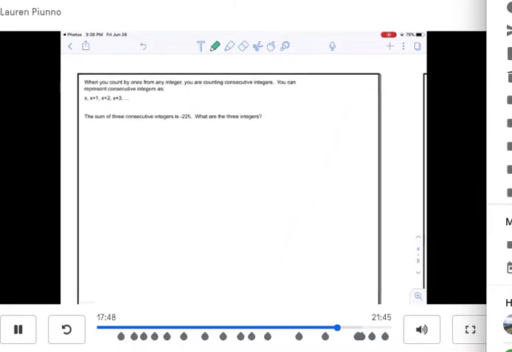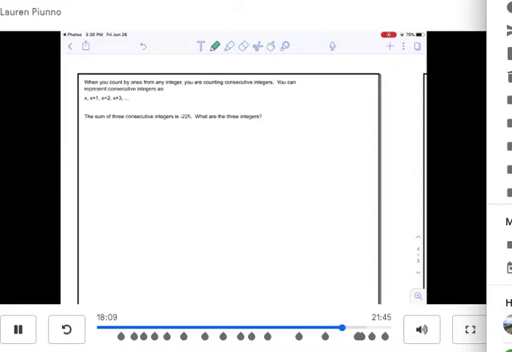Alright, when you count by ones from any integer, you're counting consecutive integers. What I mean by that, 5, 6, 7, 8, those are consecutive integers because you're just counting up by 1. So, when you count by 1 from any integer, you're counting consecutive integers.